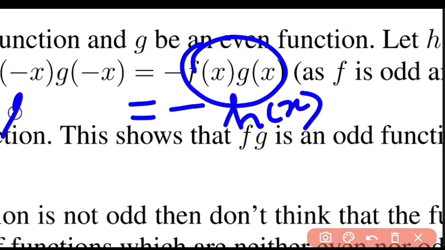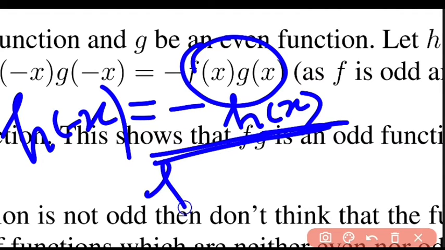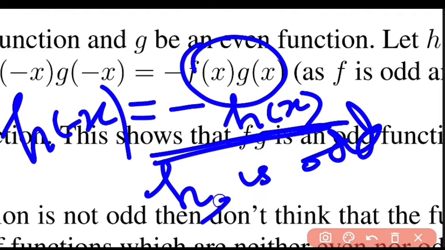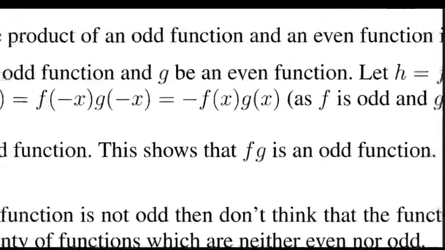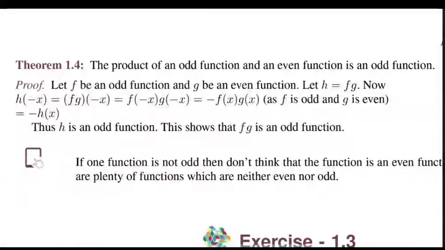So we take h(minus x) and get minus h(x). So h is an odd function, which means the product of f and g, an odd function and an even function, is an odd function. This is the proof of theorem 1.4.